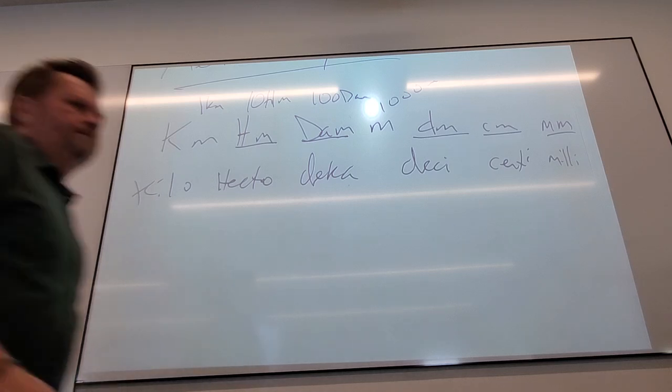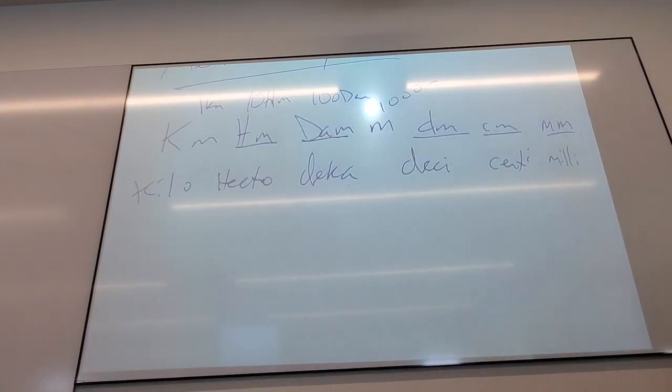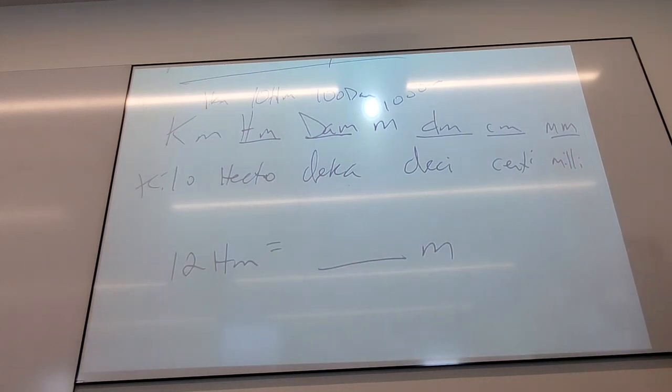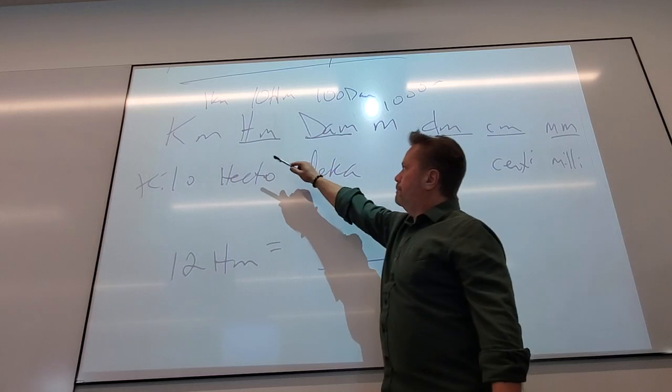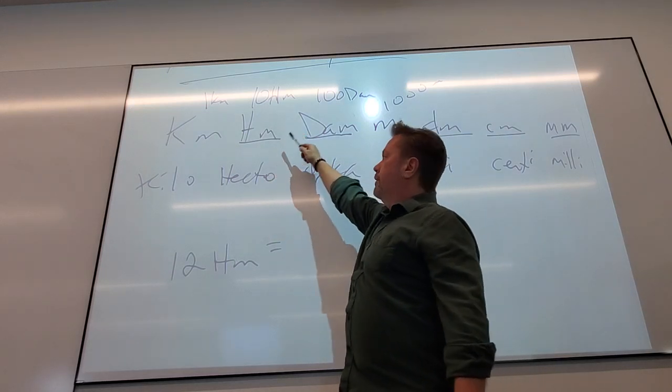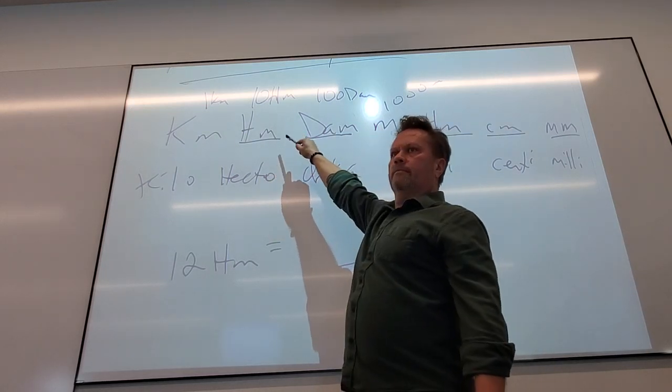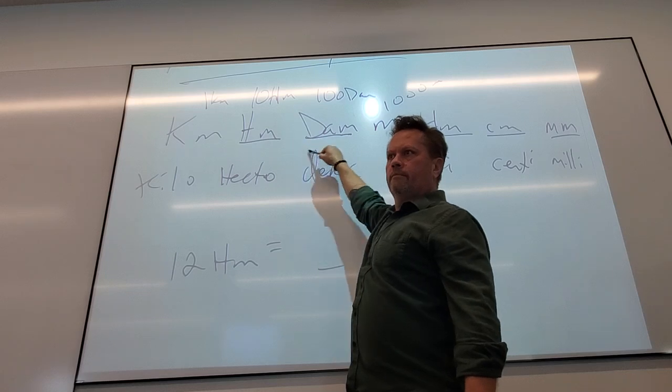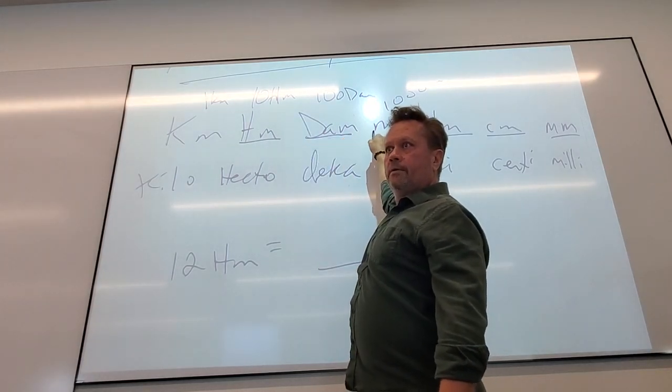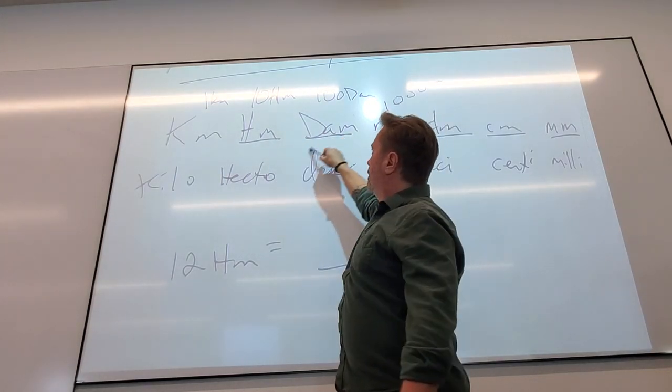Now, if I want to convert, let's say I have 12 hectometers, and I want to know how many meters that is. Here's the beautiful way to do this. How many places away from hectometer is meter? 2, yes? 2 from hectometer, 1, 2 to meter.